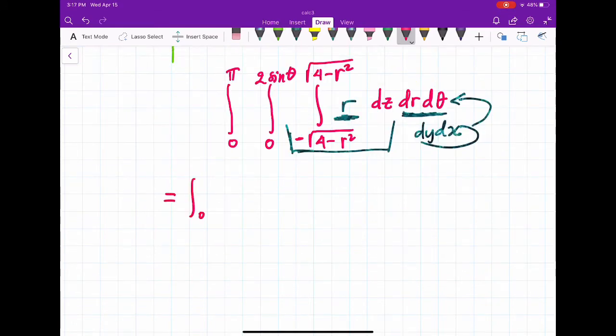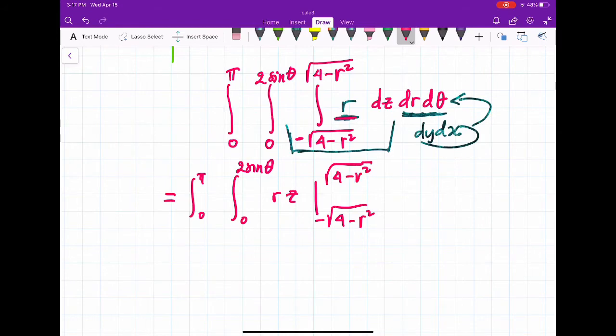This equals the integral from 0 to pi, 0 to 2 sine of theta. Since r is constant with respect to z, you have just r times z evaluated from negative square root of 4 minus r squared to square root of 4 minus r squared, dr d theta.